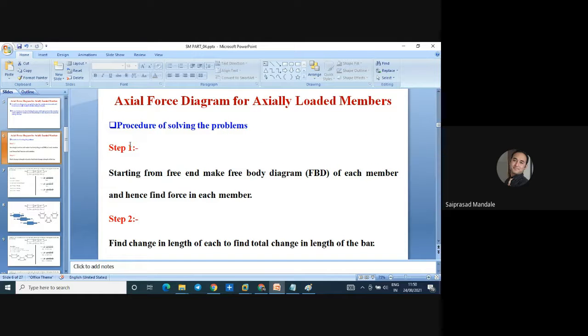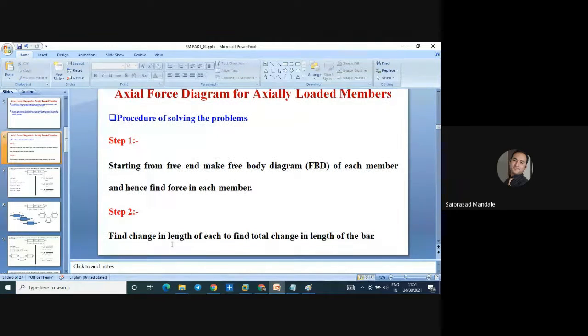How to solve? There are few steps that we are going to follow. Step number one, starting from the free end, make a free body diagram of each member and hence find the forces in each member. Whatever the numerical, the first target is to draw the free body diagram, and it has to be started from the free end. Step number two, find the change in the length of each body and find the total change in the length of the bar.